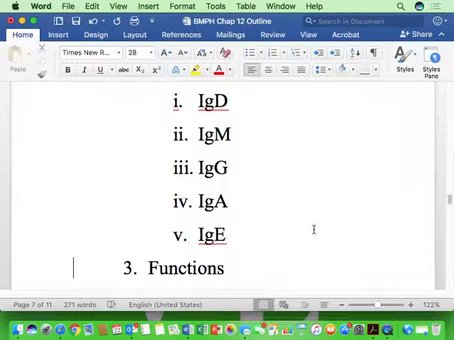The last thing that the antigen-antibody complex can do is it can cause complement fixation. So those first three, the combination of neutralization, agglutination, and precipitation, enhance phagocytosis.